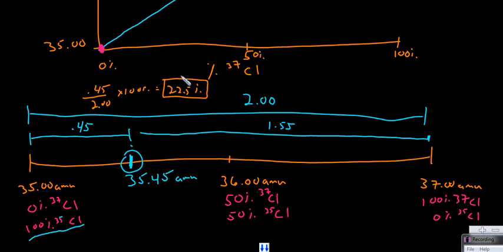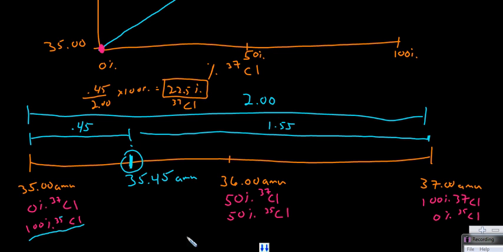Which isotope do I have 22.5% of? The one that this mixed number is closer to, or the one that this mixed number is further from? Well, it's the one that it's further from. And so we can look at this and say, we must be 22.5% chlorine-37.